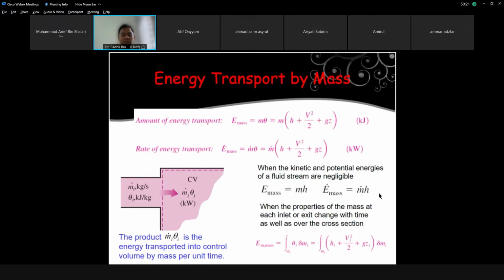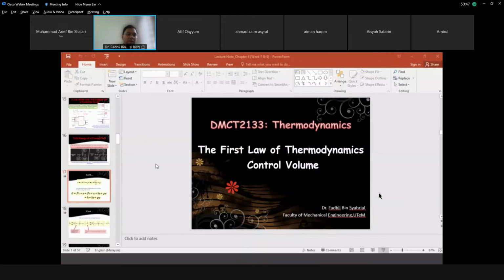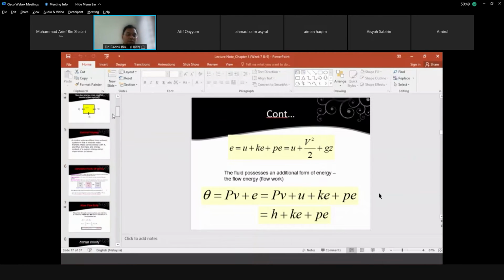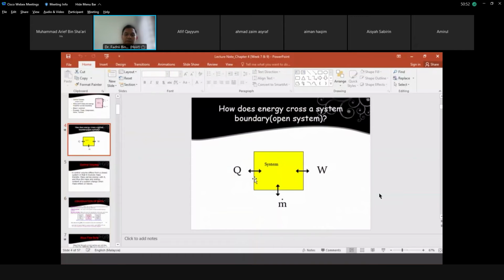Tadi kan ada kinetic energy, potential energy, heat. Heat adalah salah satu energy. Work, W, work in and work out, also one of the energy types. And then another one is energy transported by mass. Sebab mass keluar dan masuk. If you look at the early part of this slide, they have three parameters.